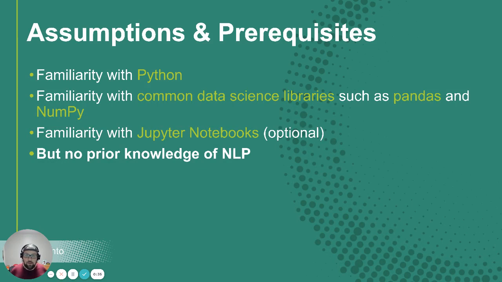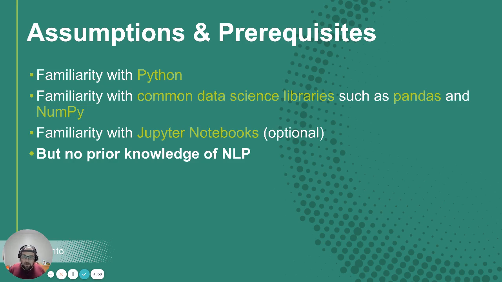Okay, just to hammer this out, some assumptions and prerequisites for this presentation. I assume some familiarity with Python, and with some common data science libraries for Python, such as pandas and NumPy. You don't have to be an expert, but it's helpful if you have a good sense of those libraries.